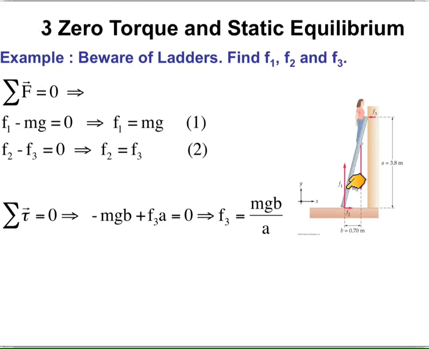So you eliminate the torque expressions from these two forces right away if you choose this contact point as the point of rotation. The only one left is mg. mg has a perpendicular distance to the contact point.